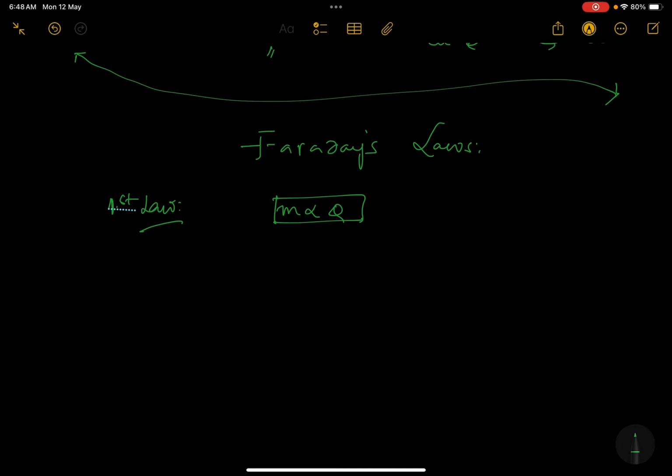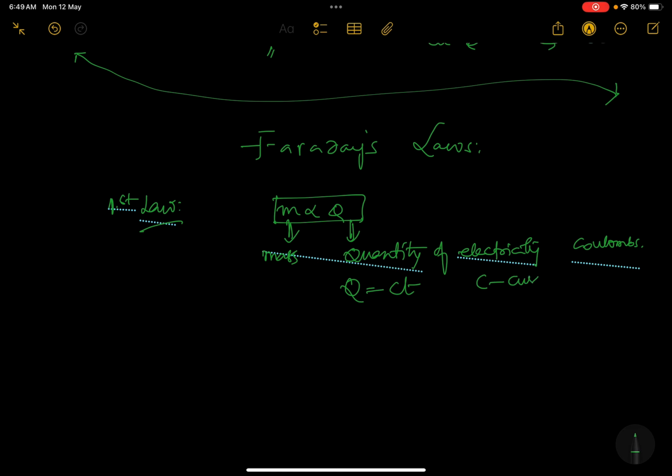The mass deposited is directly proportional to the quantity of electricity passed. Quantity of electricity is given in coulombs. Q is equal to C times T, where C is current, given in amperes, and T is time, given in seconds. Q is equal to CT.